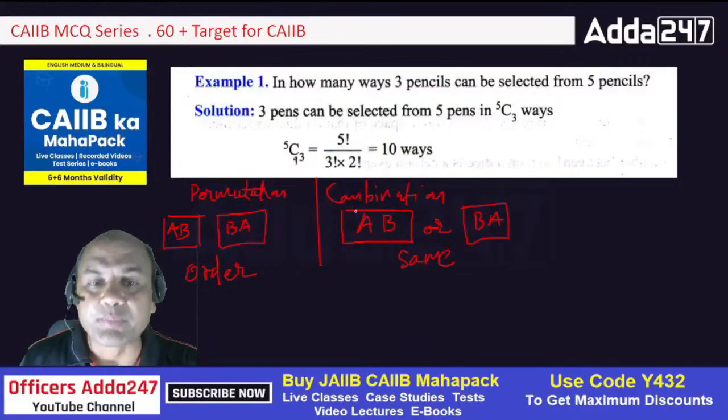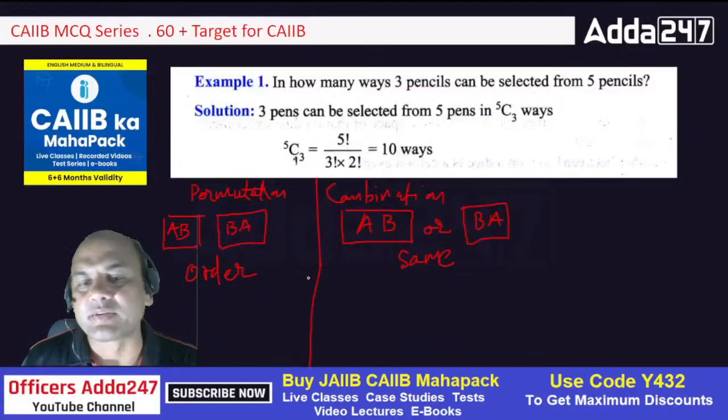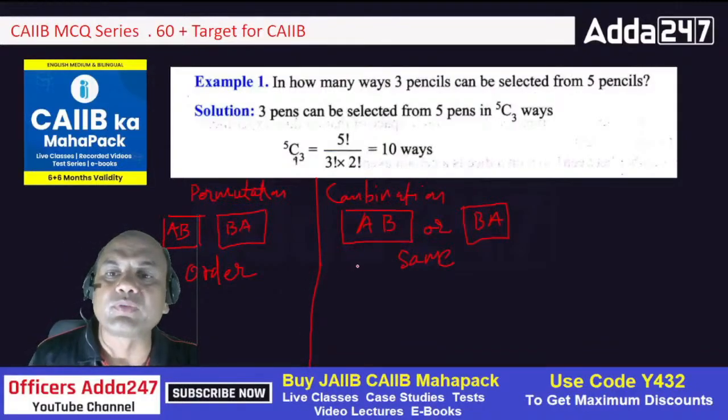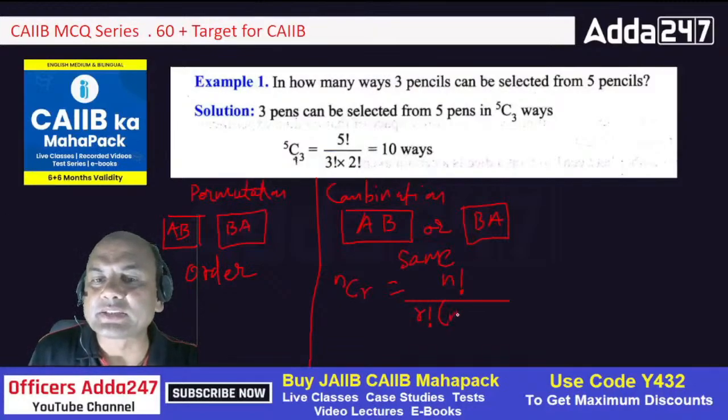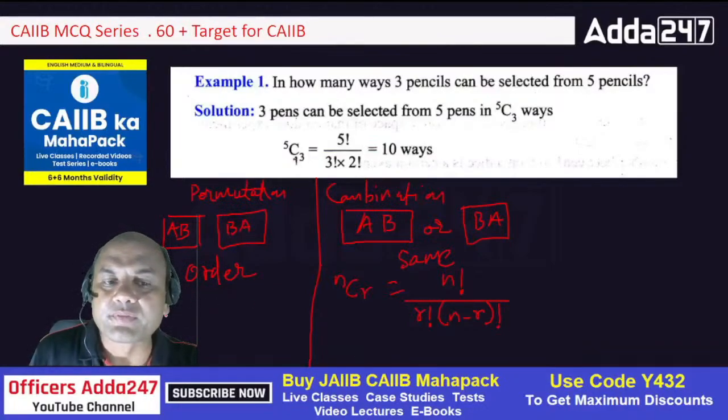Before that, let me give you the formula for this. The combination formula is NCR, that is N factorial upon R factorial into N minus R factorial. And permutation is NPR, which is equal to N factorial upon only N minus R factorial.